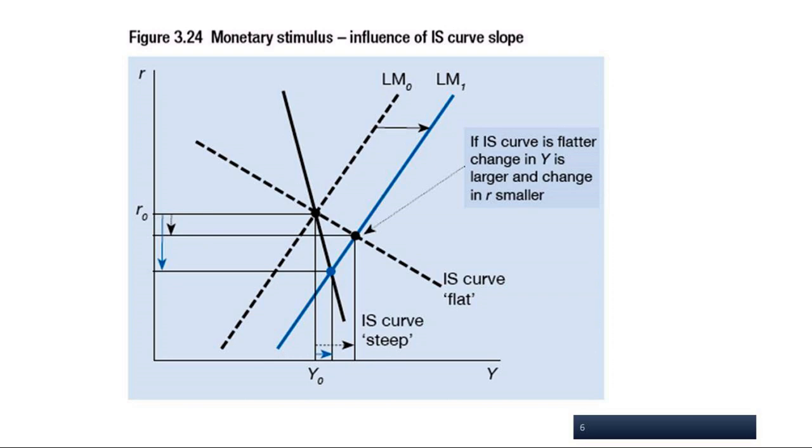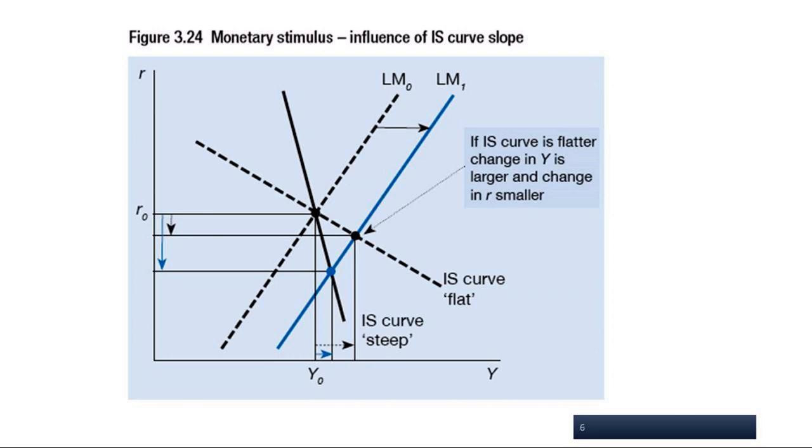Now, let's look at monetary stimulus and the influence of the IS curves. The IS curves can also be steep or flat, and you can see the monetary stimulus kicking in over here, moving the LM curve towards the right. Let's first do the flat IS curve. Starting from equilibrium over here, the new equilibrium ends up at this point, and you can see it's a relatively small drop in interest rates that generates a large increase in output.